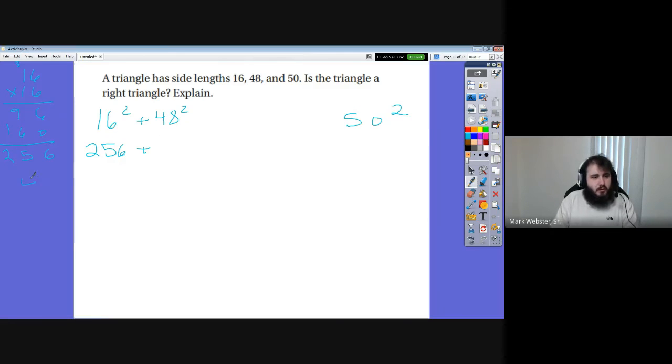48 squared. 8 times 8 is 64. 8 times 4 is 32, plus 6 is 38. 48 times 4. 4 times 8 is 32. 4 times 4 is 16, 17, 18, 19. 2,304.